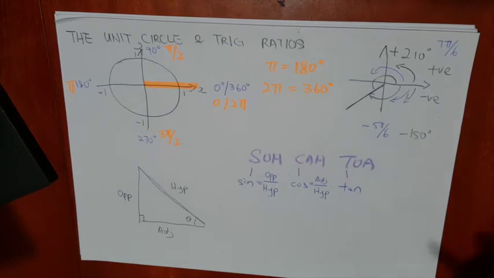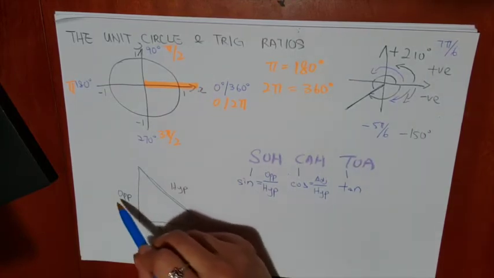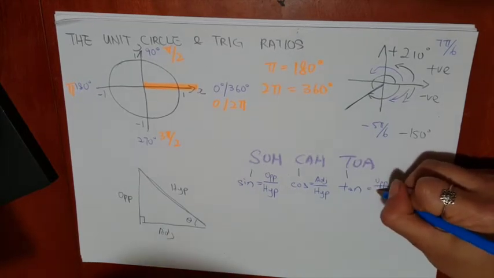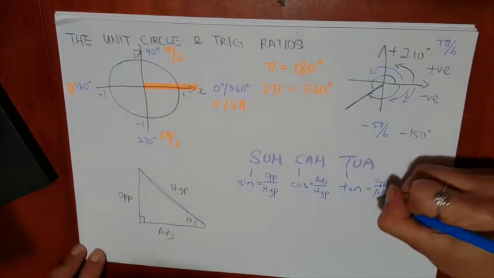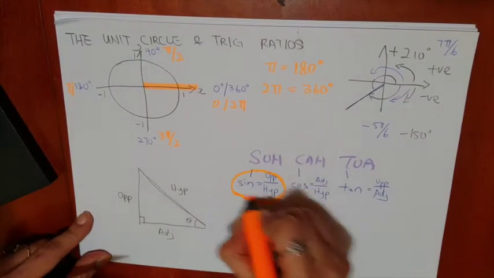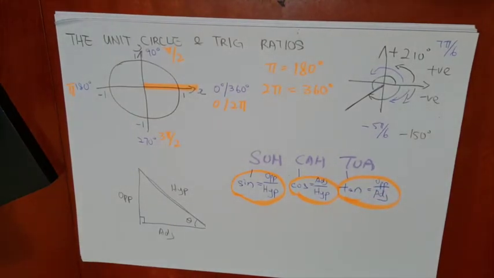And tangent, because it's OA, tangent is opposite over adjacent. So that's the magic word, which is SOH CAH TOA.